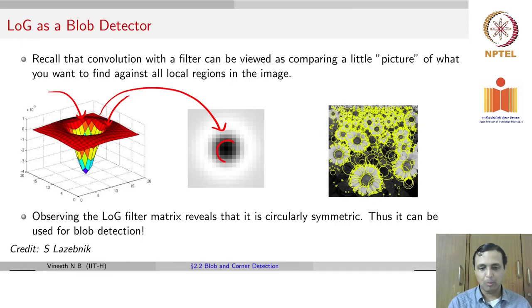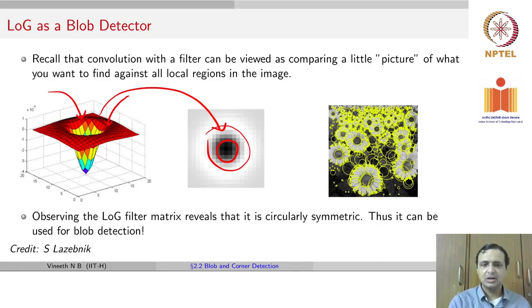A black blob in the middle, a white ring, which is where you have a peak, and gray all the way in other places. You could also have an invert of this, where you have white in the middle, a black ring, and then gray all over. Right? Both of these are similar. And by looking at the filter, you can say that it's likely to detect blobs.